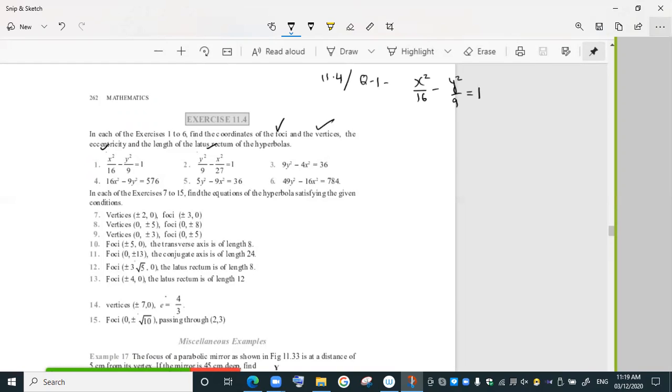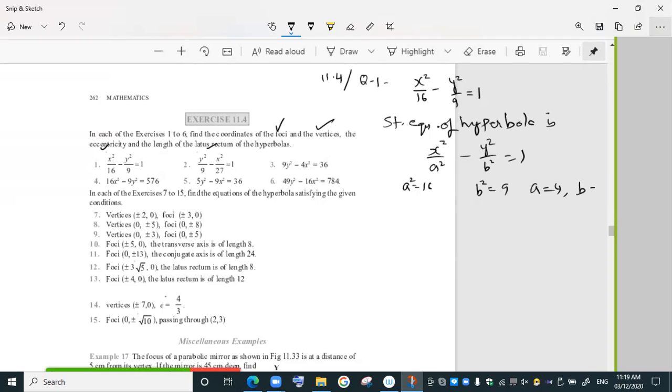The standard equation of the hyperbola in this case is x square upon a square minus y square upon b square is equal to 1. So on comparing, we get a square is equal to 16 and b square is equal to 9, that is, a is equal to 4 and b is equal to 3.